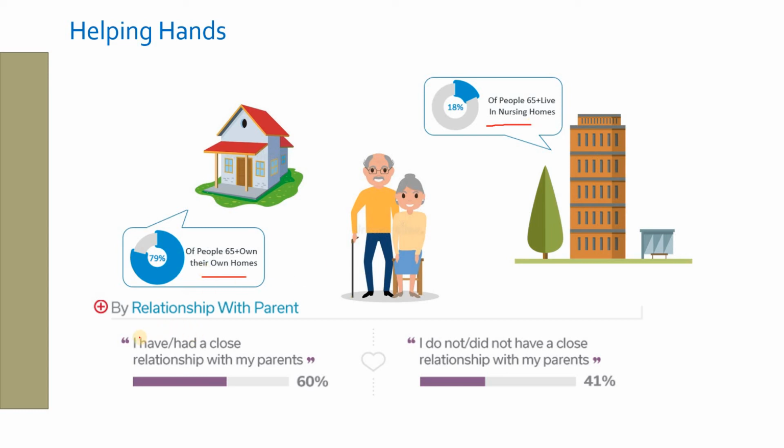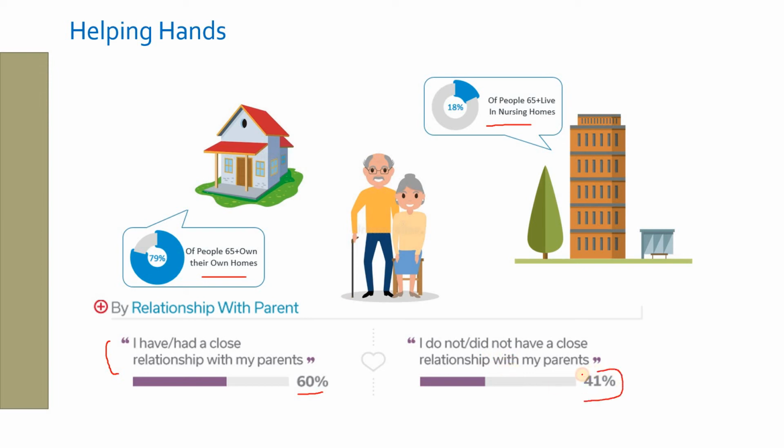So this is a survey. In this survey, the children are saying, I have a close relationship with my parents. 60% are saying this, and some are saying I do not have a close relationship with my parents.